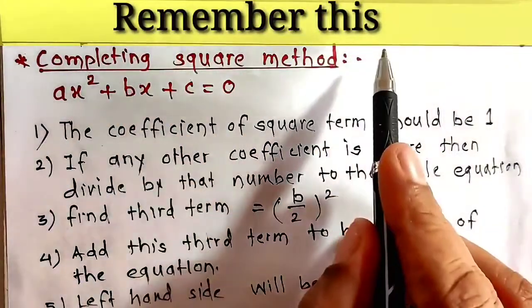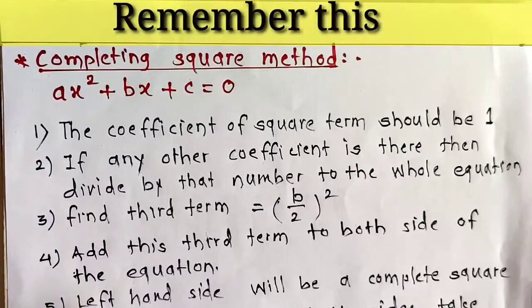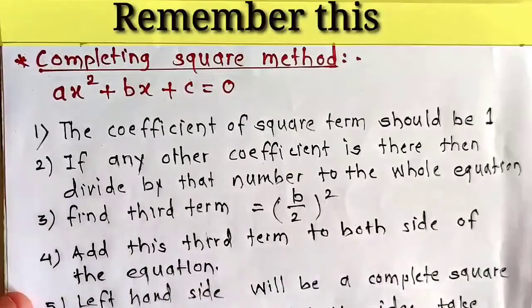So remember these points before studying this practice set 2.3. Dear students, you know there are three methods to solve a quadratic equation. In the previous video, practice set 2.2, we solved using the factorization method.